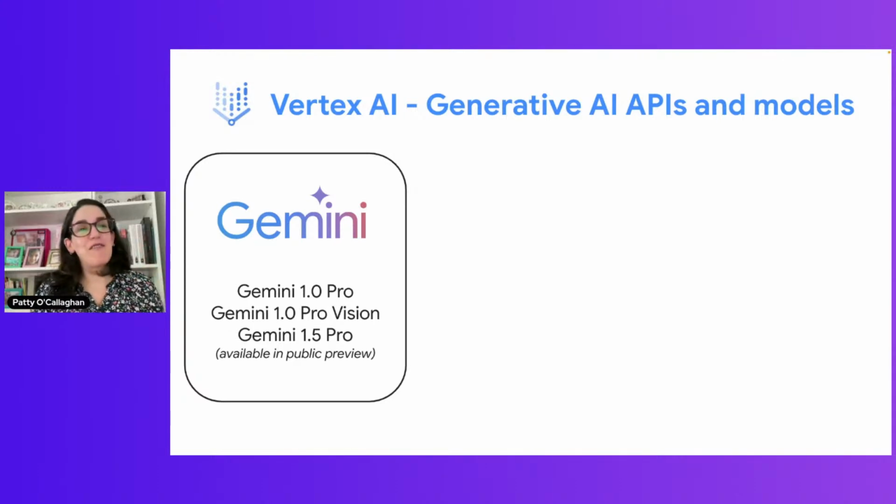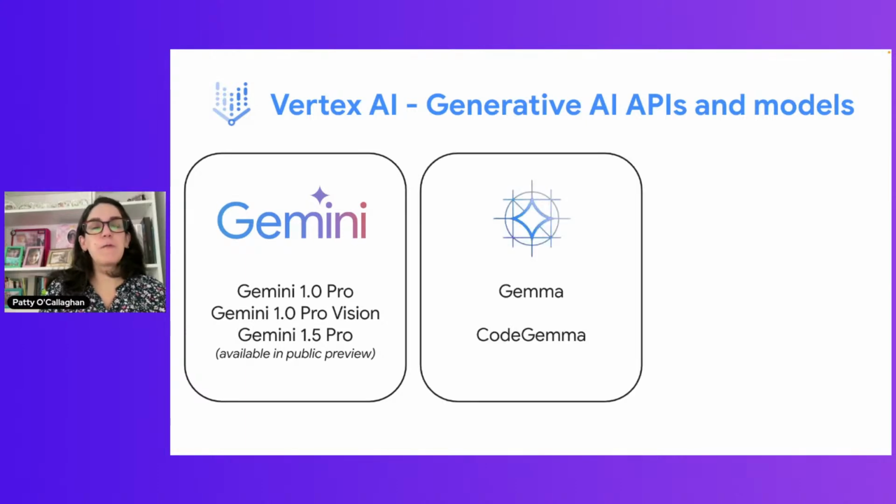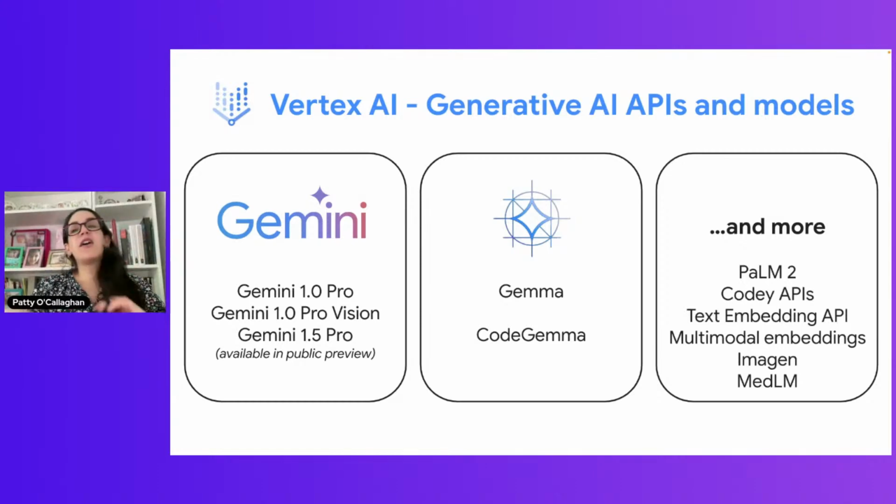So yes, we have Gemini, all of the models that are available for Gemini and Gemini Pro Vision. For Gemma, which I absolutely love, these are the open models from Google. So you can find Gemma, and you can find CodeGemma, which helps you with coding. And then there are additional, more varied models.